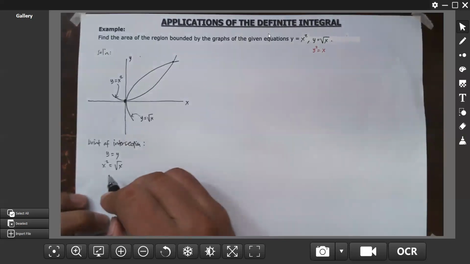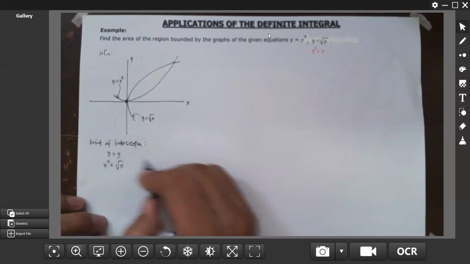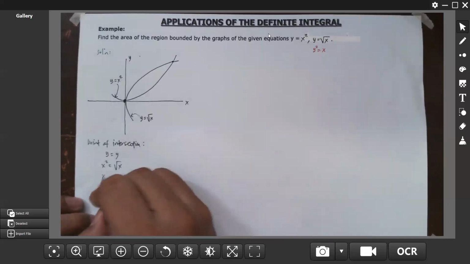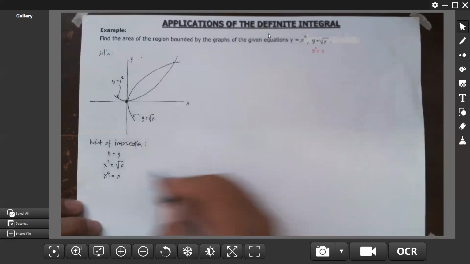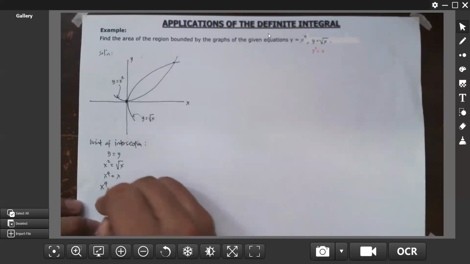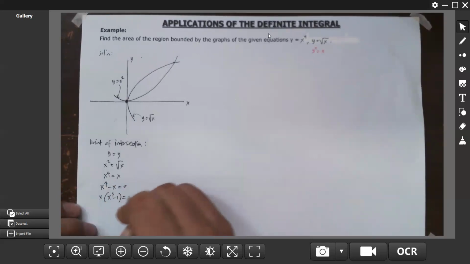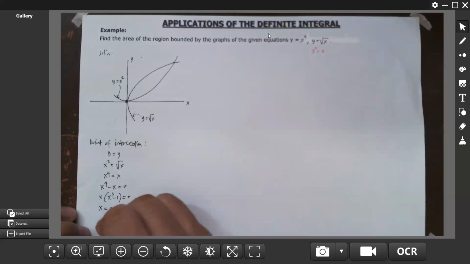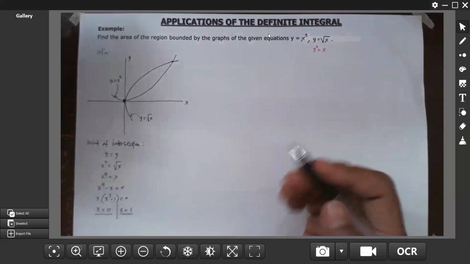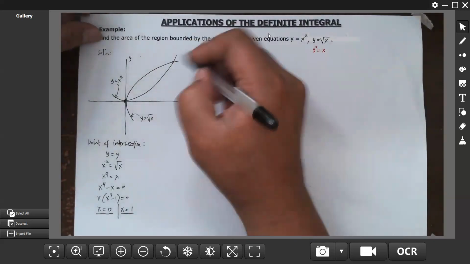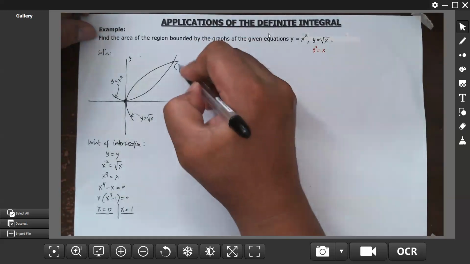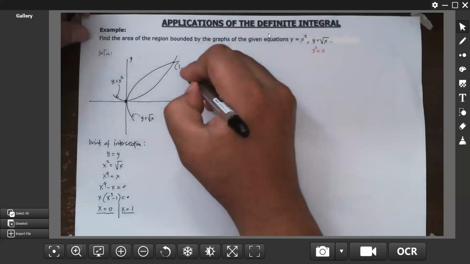Get rid of the radical sign, square both sides. You have x raised to 4 equals x, so x raised to 4 minus x equal to 0, x times (x cubed minus 1). So you have x equal to 0, and the other one is x equal to 1. So if x is 1, y is also equal to 1.